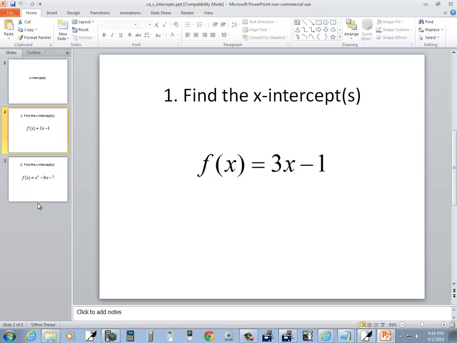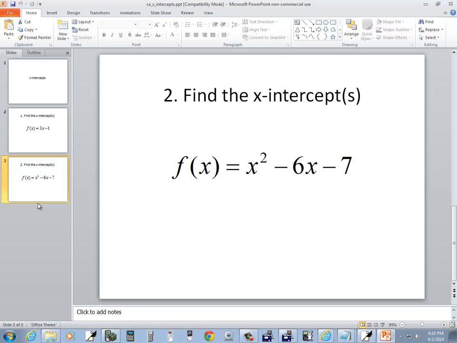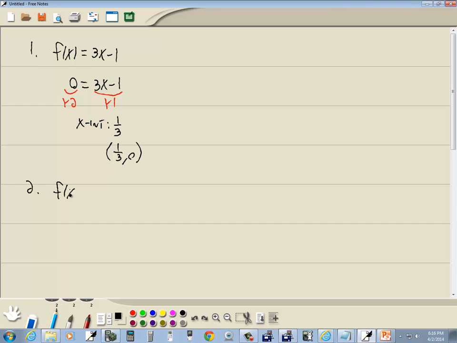Okay, let's work with our second problem. We got f of x is equal to x squared minus 6x minus 7. And again, we're finding the x-intercept, so you always plug 0 into the other variable, so plug 0 in for y. So we've got 0 is equal to x squared minus 6x minus 7.